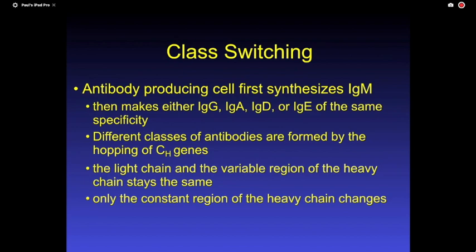And then as it matures, it will splice the M version out of the DNA and link it to the G. The actual DNA of that antibody-producing cell changes, and then it will produce the IgG. If it has to go to another, it will actually splice that out of its own genome as it class switches.